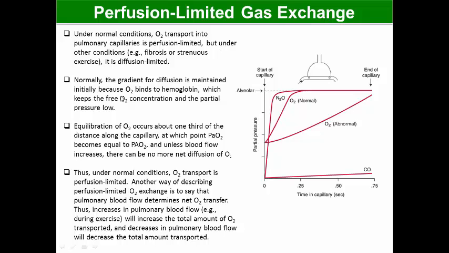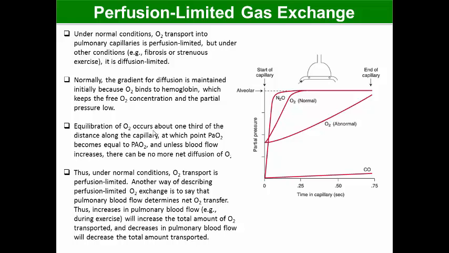So equilibration of oxygen occurs about 1/3 the distance along the pulmonary capillaries. And at this point, which is 1/3 of the length of the pulmonary capillaries, or at 0.25 seconds, the partial pressure of oxygen in the pulmonary blood is exactly the same as the partial pressure of oxygen in the alveolar air, so there is no more pressure gradient for oxygen. So there is no more movement of oxygen across the respiratory membrane.